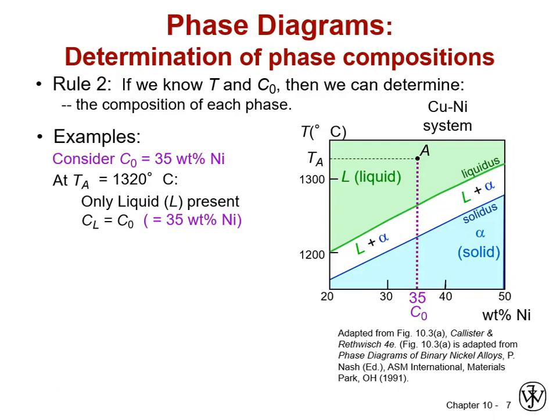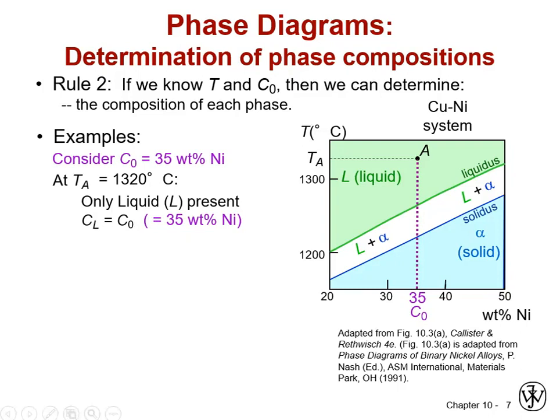So we start out all liquid. We have 35 weight percent nickel, and we've got a temperature of 1320 degrees C, and that's labeled as point A on this diagram. They're kind of in the upper center of the diagram at T_A, 1320. It's all liquid. It's up in the all liquid phase portion of the diagram.